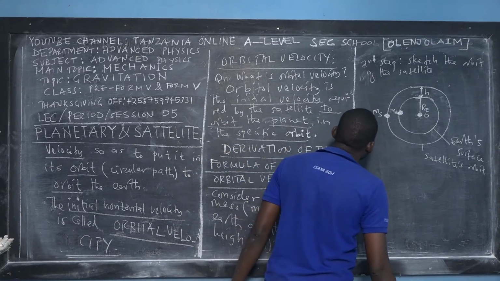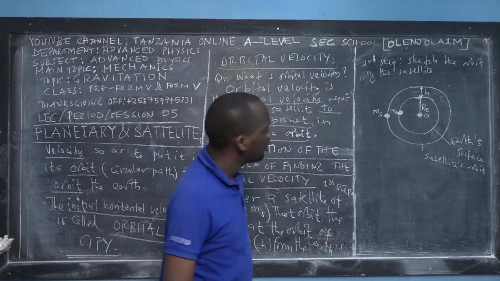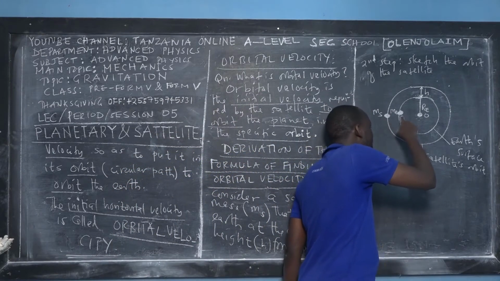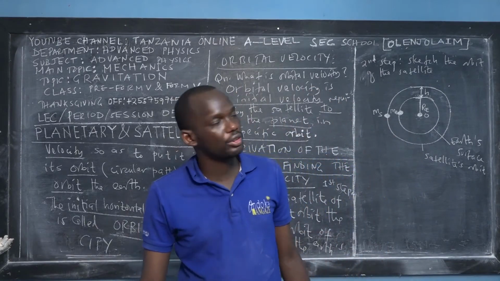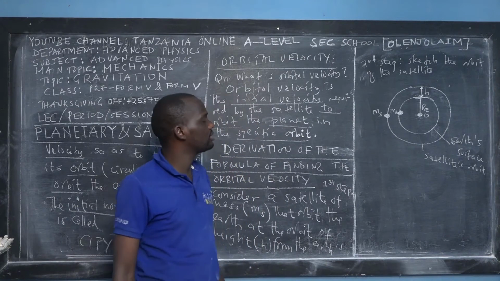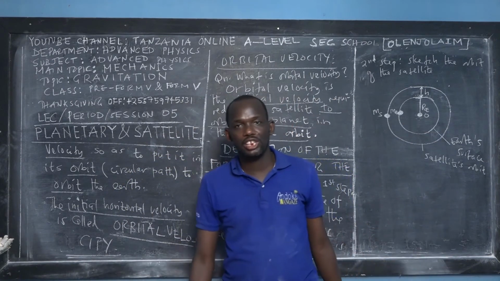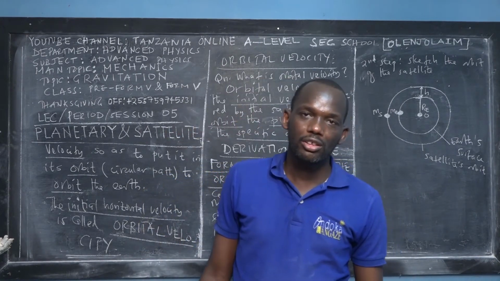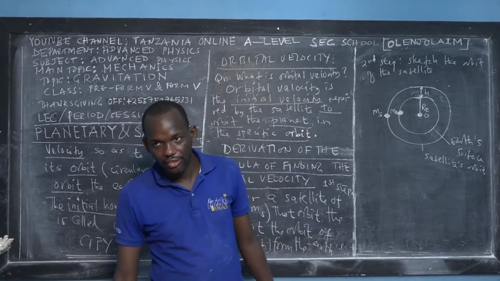According to Newton's universal gravitational law, there is a force of attraction between the satellite and the Earth, because these are the two bodies in the universe. This force of attraction between them is directly proportional to the product of their masses and inversely proportional to the square of the mean distance between their centers.